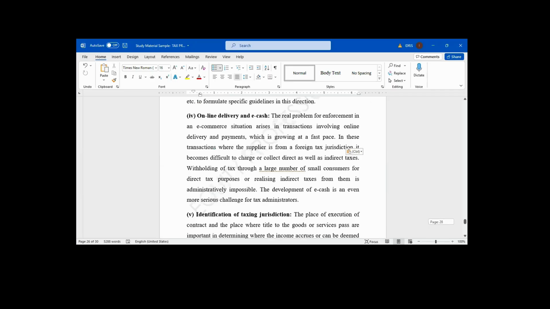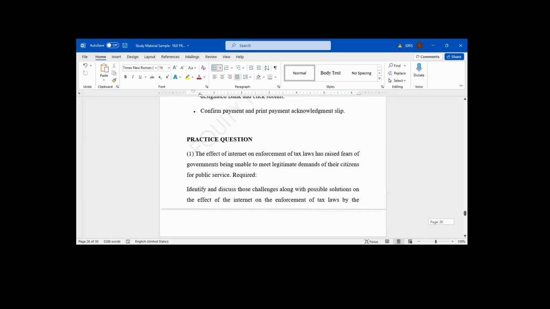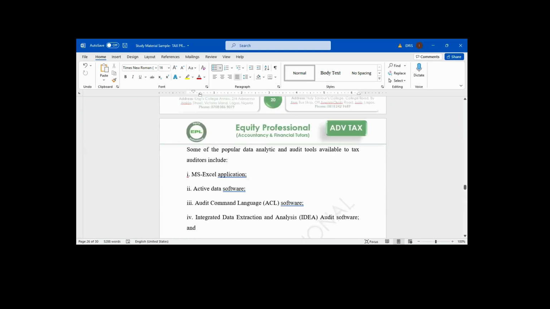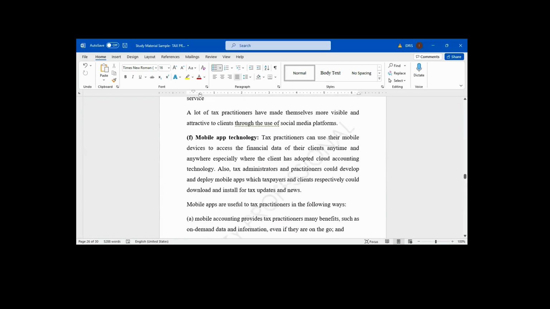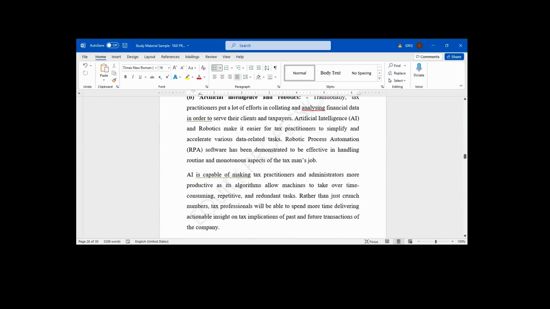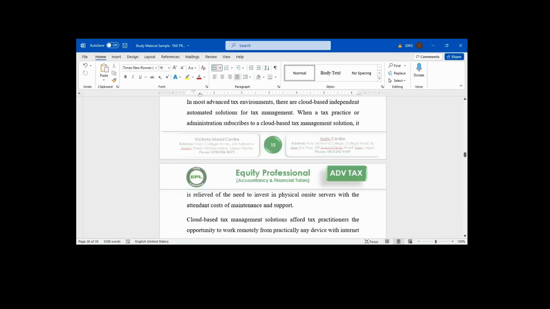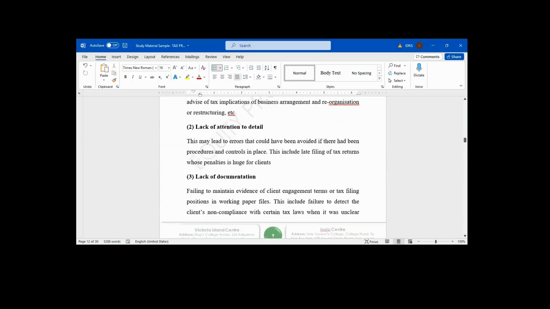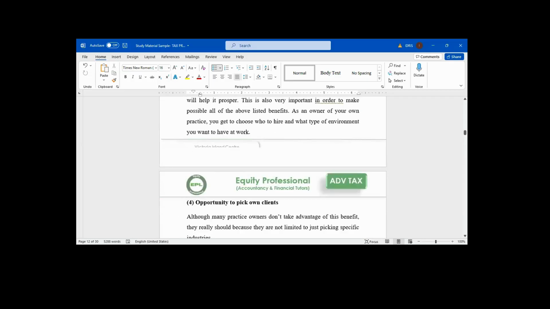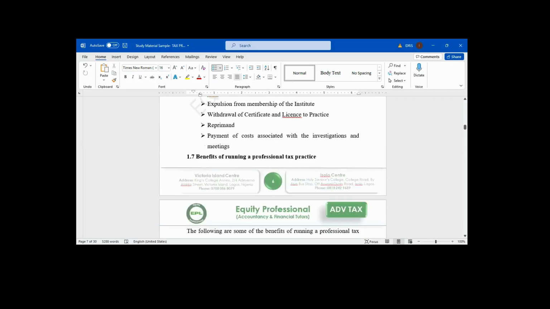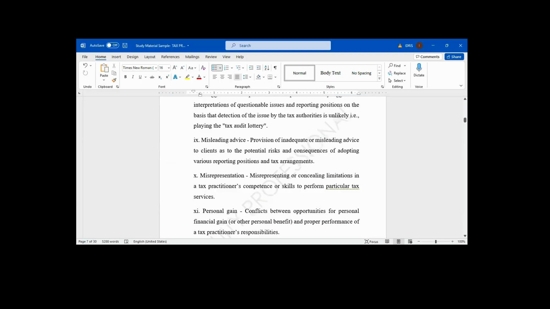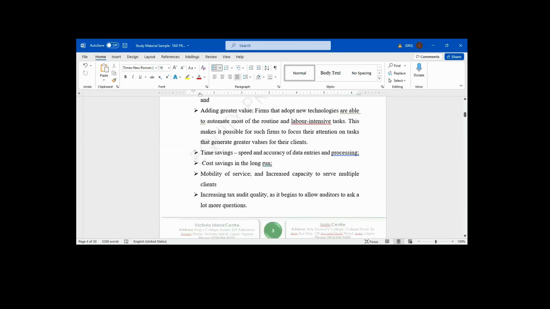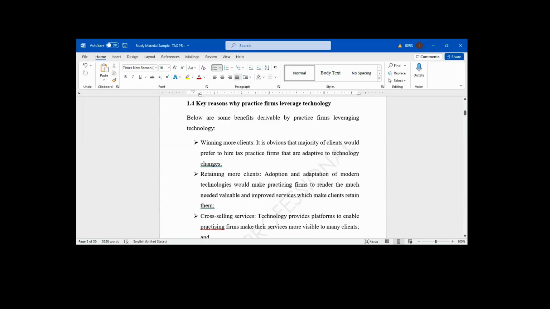Try to solve the questions. This topic is very important because it has ethical issues and also talks about information technologies. ICAN nowadays, in advanced taxation, normally sets a 10-mark, sometimes 15-mark, question relating to IT.